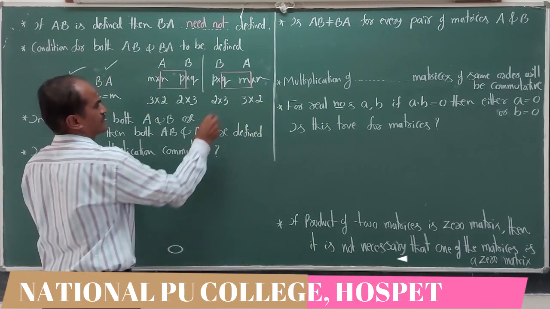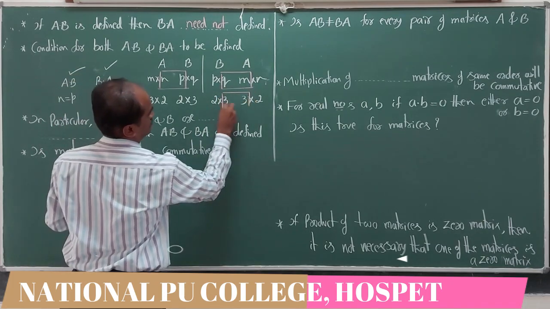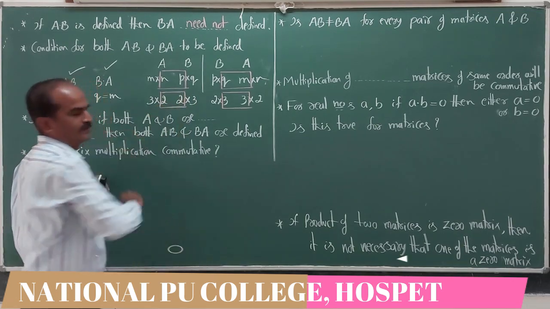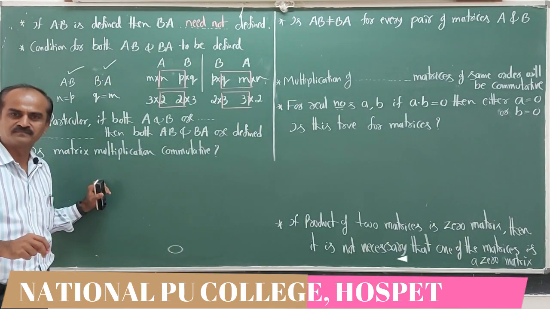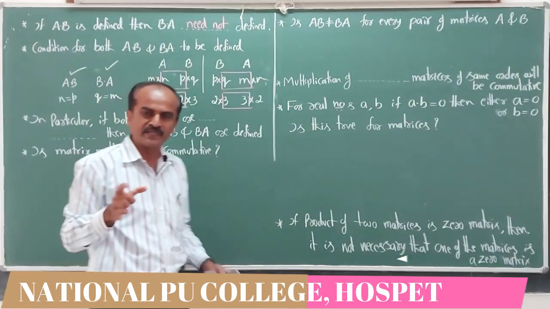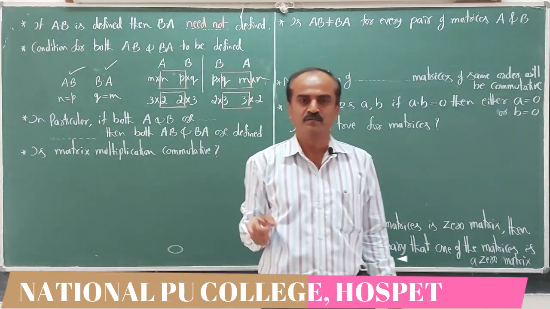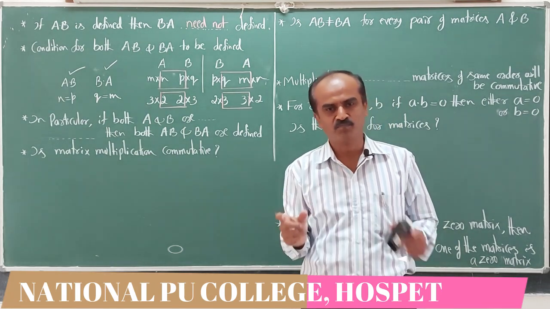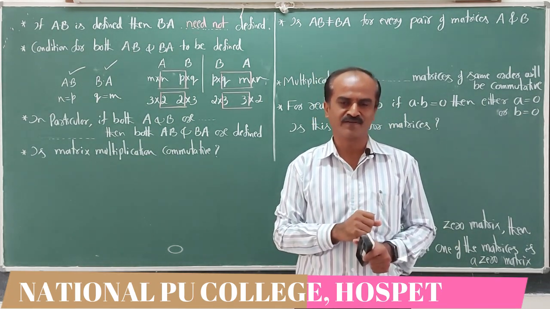Now in this case, BA is defined, AB is also defined. Nothing but, if A is a matrix of order m by n and B must be a matrix of order n by m, then both AB and BA are defined.